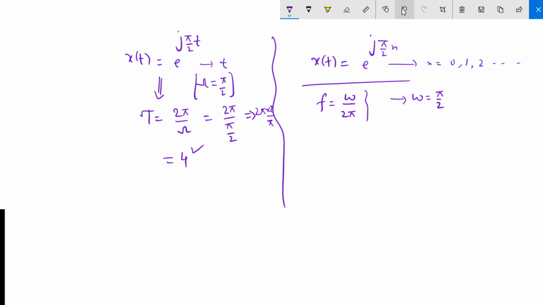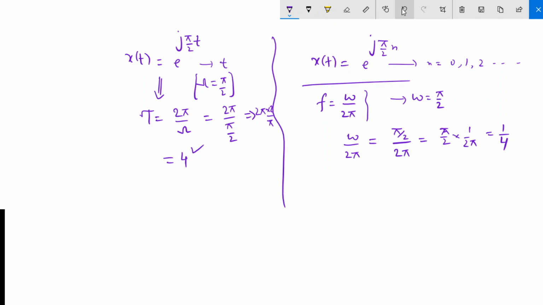So what will be omega by 2 pi? It will be pi by 2 upon 2 pi, so pi by 2 into 1 by 2 pi. You will get 1 by 4.